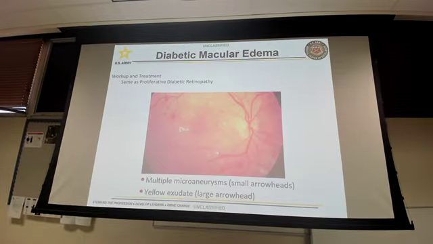So your workup for DME, so diabetic macular edema, is the same as your PDR. And in this picture, it'll highlight what a microaneurysm looks like. So it's the little white triangles versus the bigger triangle that's highlighting the exudate.